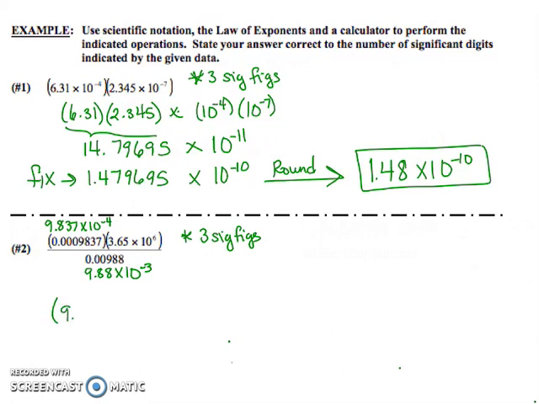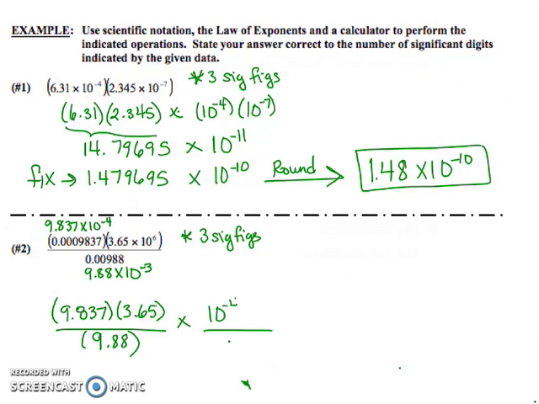So now I can just grab my calculator. I can multiply 9.837 times 3.65 divided by 9.88. And then over here, I can do my work with my tens. So this is going to be 10 to the negative 4th times 10 to the positive 6th divided by 10 to the negative 3rd. Okay. So grab my calculator here.